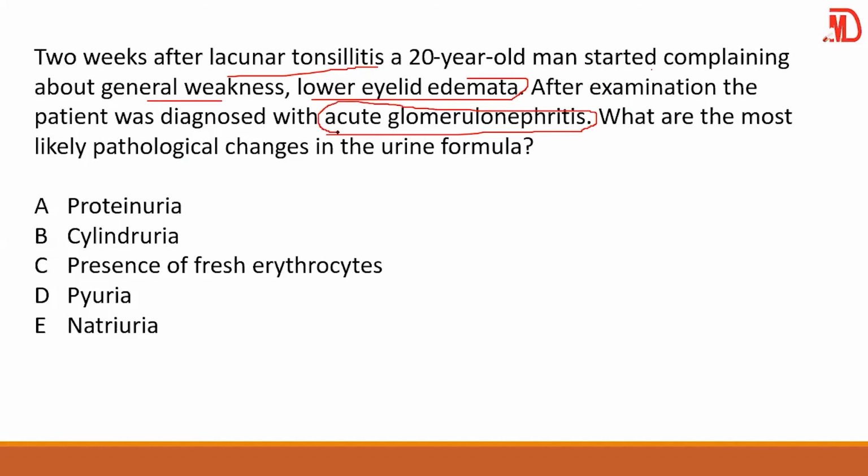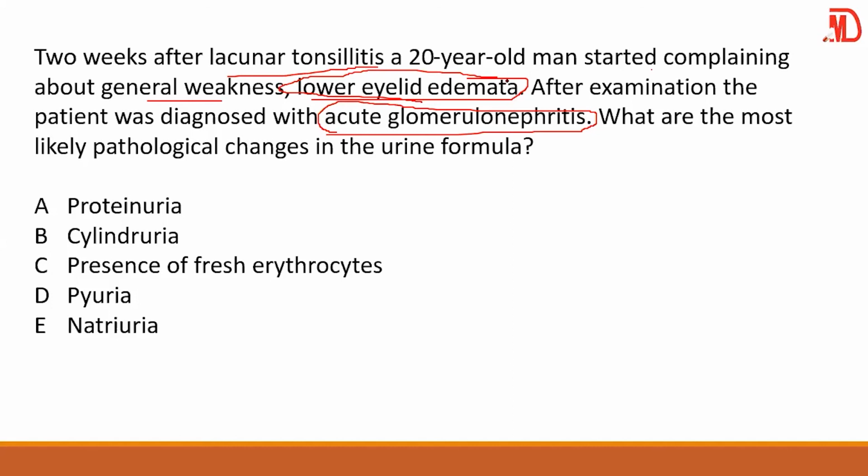So this is actually what? Post-streptococcal glomerulonephritis. That means there's a problem with the kidney. And again, they said edema has been formed. What it means is that there is a low amount of what?